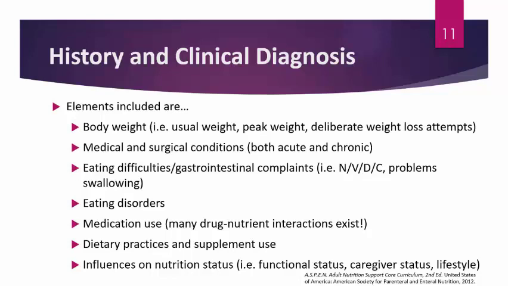Medical and surgical conditions, both acute and chronic, can affect your nutritional status. Say if you get a pretty massive GI surgery completed, that may affect what you're able to eat after that, depending on if they remove certain parts of your bowel.